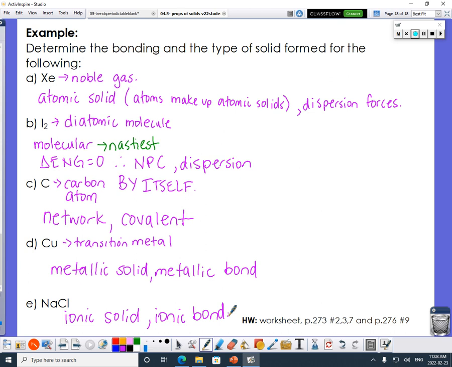I can even write it down if you want. Because that really is a foolproof way.